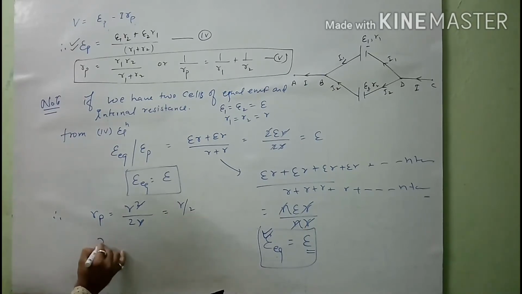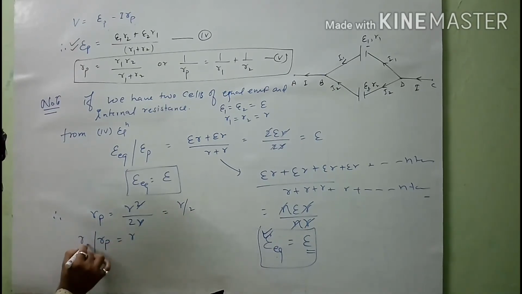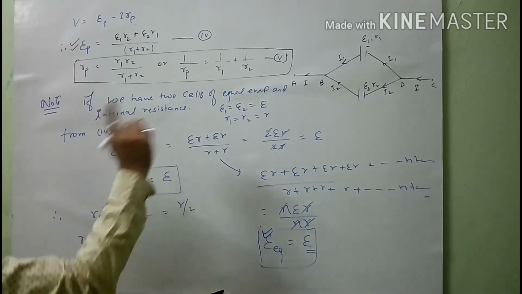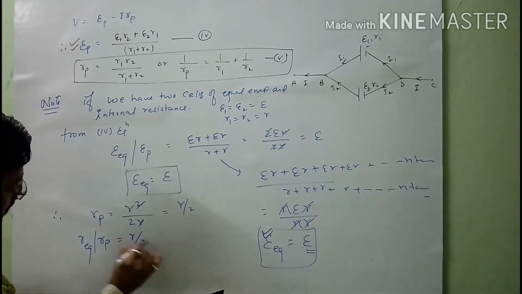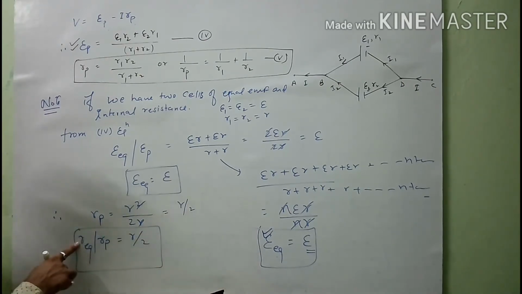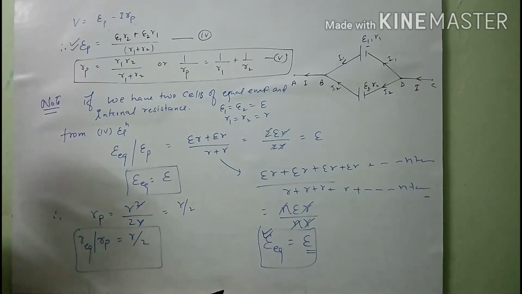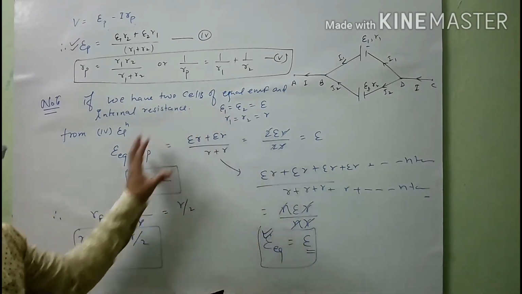So RP, or you can say R equivalent, when the combination is parallel combination, the equivalent internal resistance is R by 2. Point is clear, student?